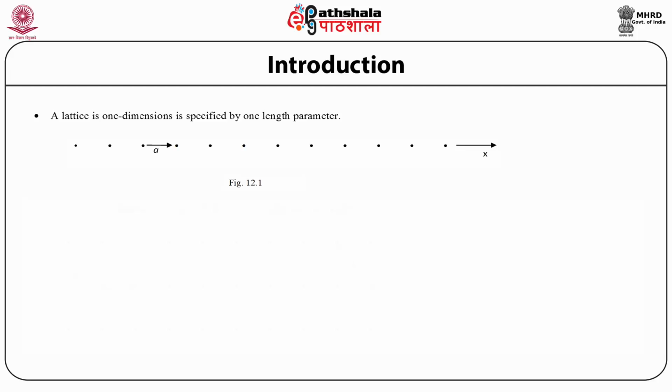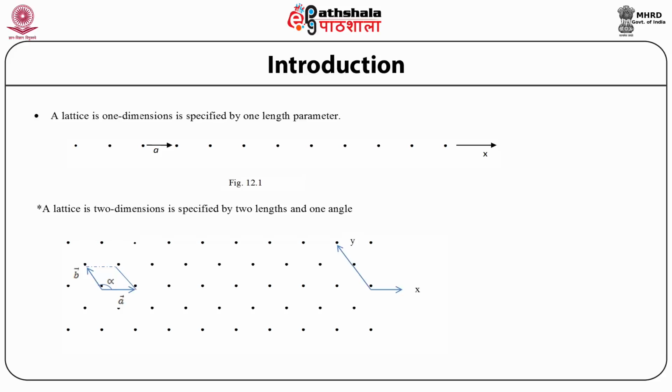A lattice in 2 dimensions is an arrangement of molecules in a 2-dimensional plane, and obviously it is specified by 2 lengths and 1 angle. For example, in the slide you can see the molecules being arranged in such a way that you have a lattice which is specified by 2 vectors A and B and an angle alpha between them.